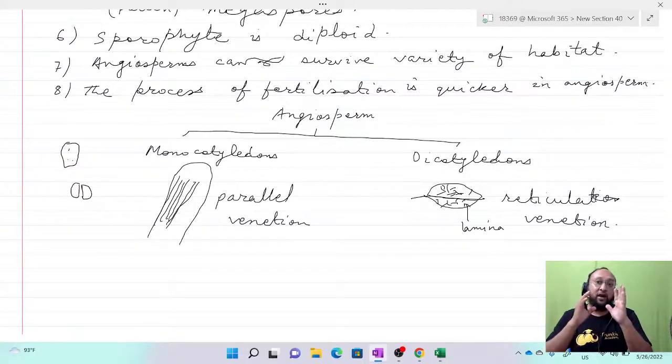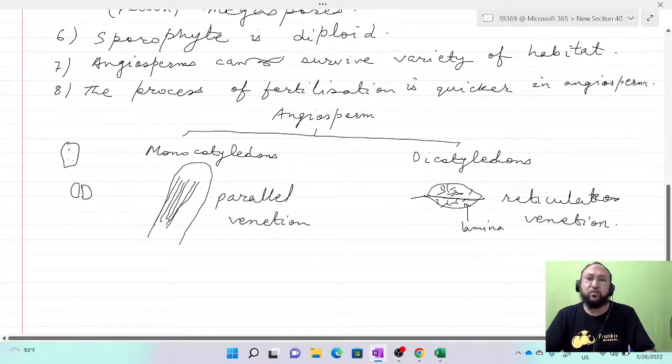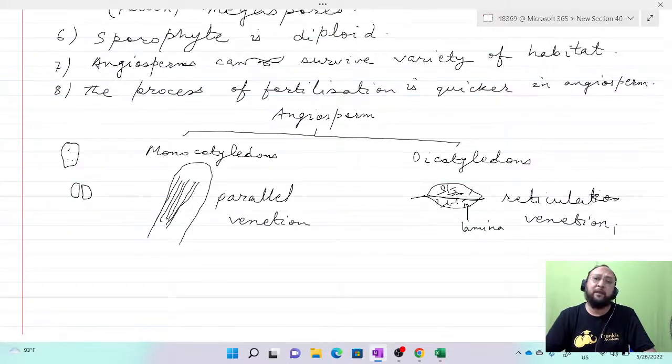Within the angiosperms, dicotyledonous plants are more evolved and advanced than the monocotyledonous plants. Within this dicotyledonous group, there are different families of plants like Labiaceae, Brassicaceae, Asteraceae, Cruciferae, and Malvaceae.